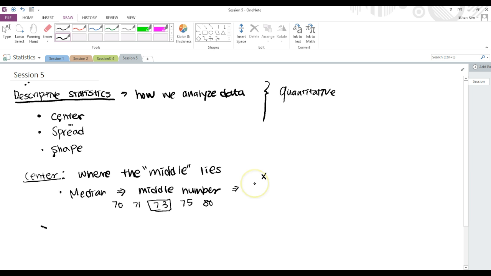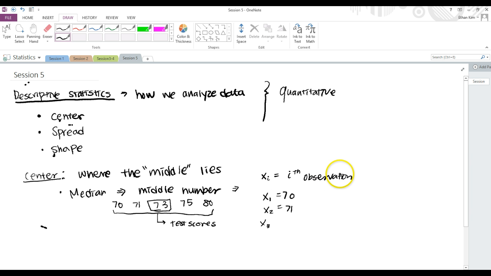We do that by x sub i, the ith observation. For example, let's just say these are test scores. The first test score, x sub 1 equals 70, x sub 2 equals 71, x sub 3 equals 75. Oh, sorry, should be 73.